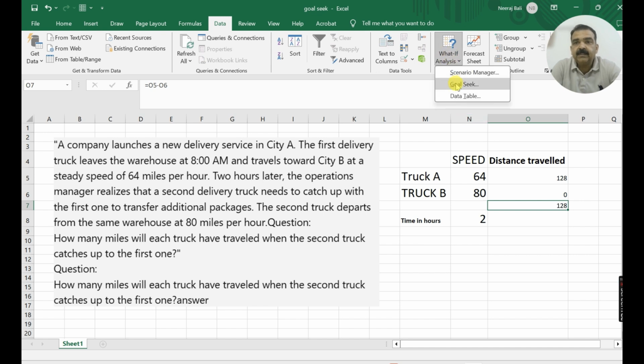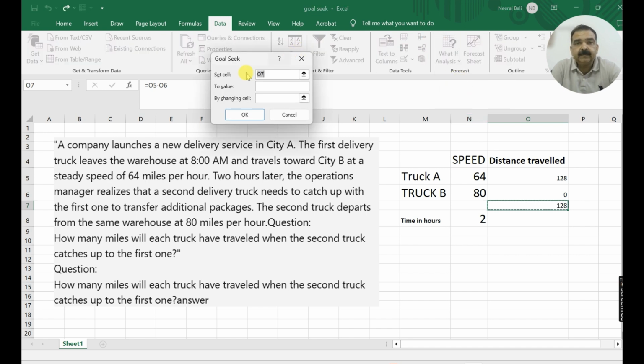What-if analysis, goal seek. What do we have to do? We have to set this particular cell. What value do we need? What are we trying to seek? What goal are we trying to achieve?